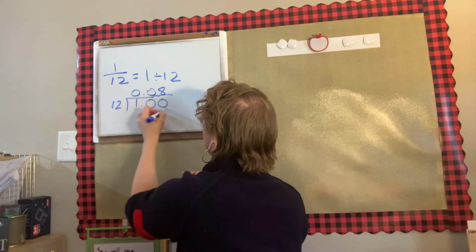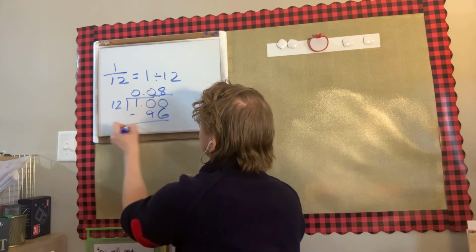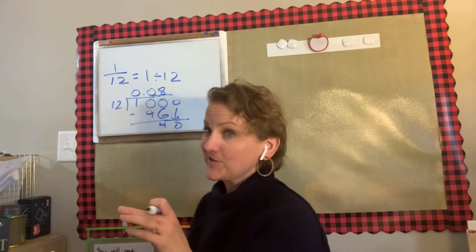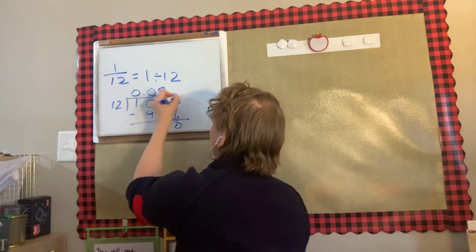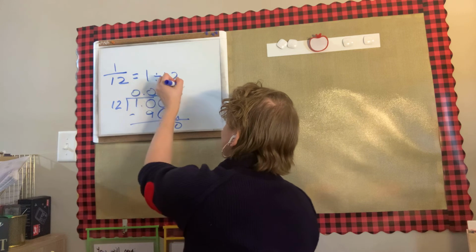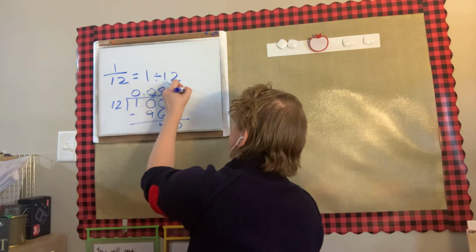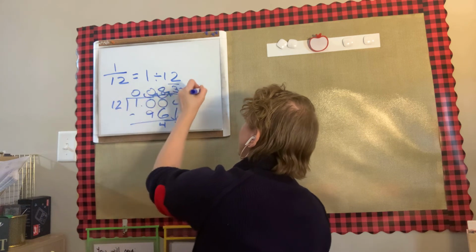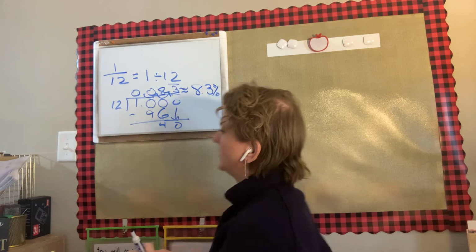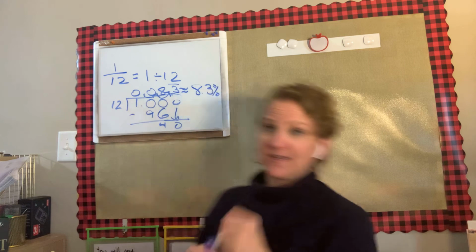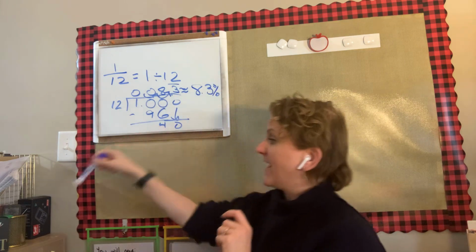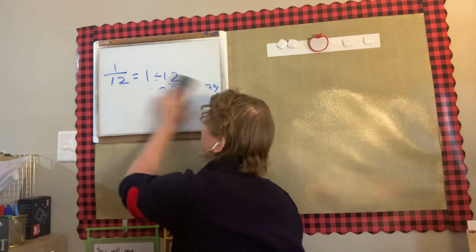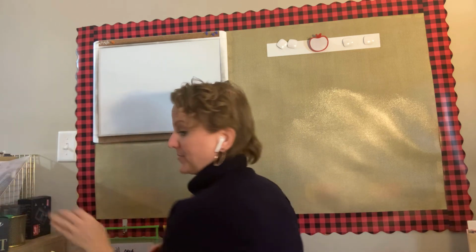This is probably a bad example because it's just going to keep on going. But we get 0.083 repeating. So then we get our decimal or our percentage of 8.3%. I'm standing right in the way. Okay, so if you're asked for percentages, it's the same process. You know how to find fractions, and then you're going to just convert that fraction to a percentage.